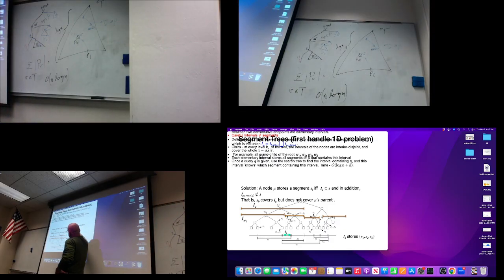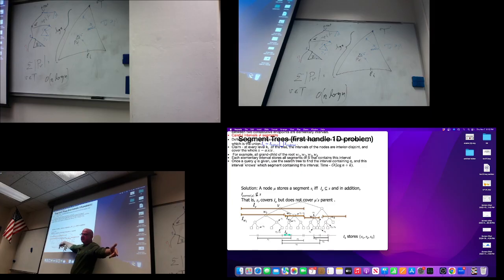I'll say that a node mu stores a segment, and the node mu is not necessarily a leaf. It's any node of the tree. A node mu stores a segment Si if and only if the interval of mu is inside Si. That was already the condition earlier: an elementary interval needs to store segments that cover completely this interval.